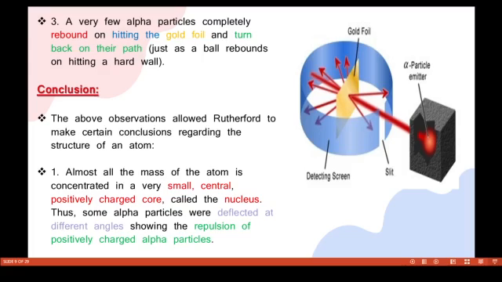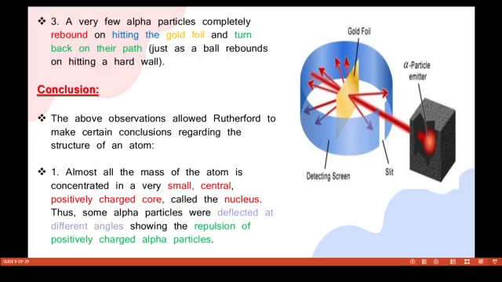And then a very few alpha particles completely rebound on hitting the gold foil and turn back on their path, just as a ball rebounds on hitting a hard wall. So what is the conclusion? Almost all the mass of the atom is concentrated in a very small central positively charged core, called the nucleus.